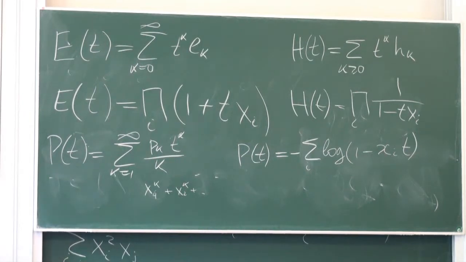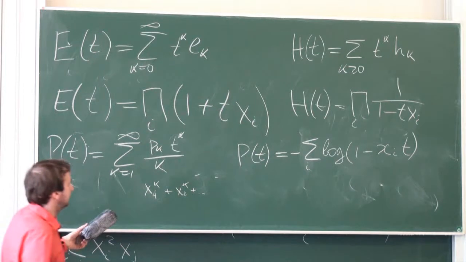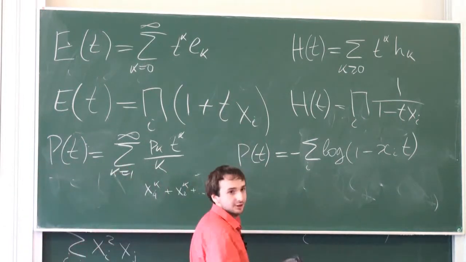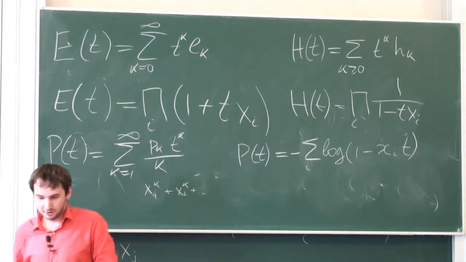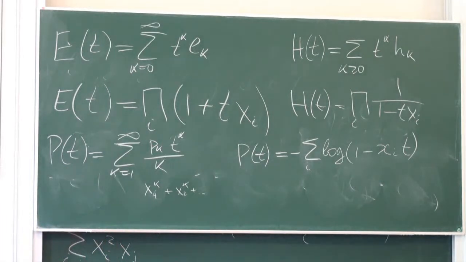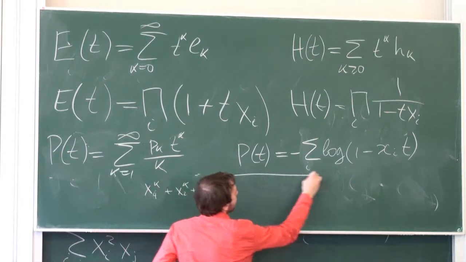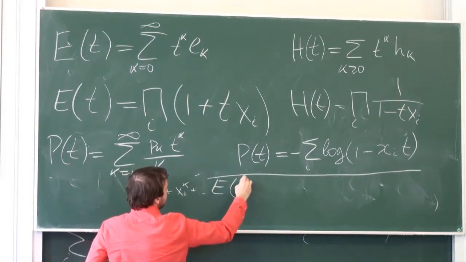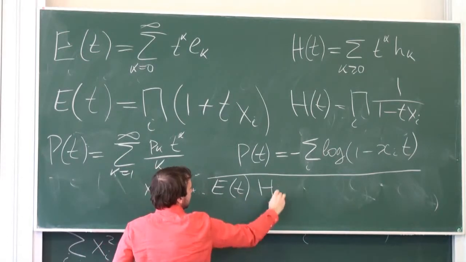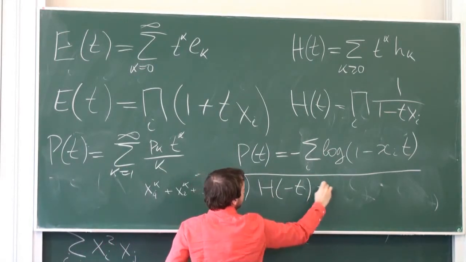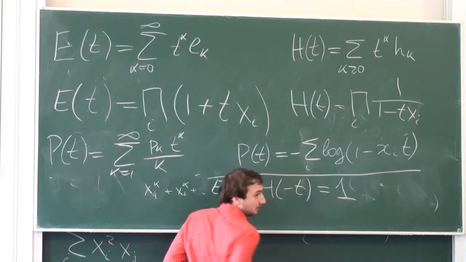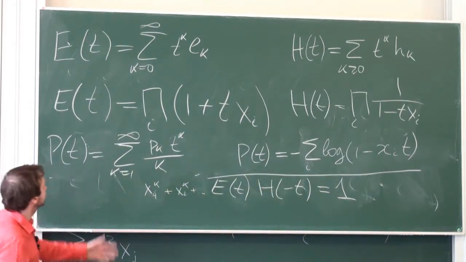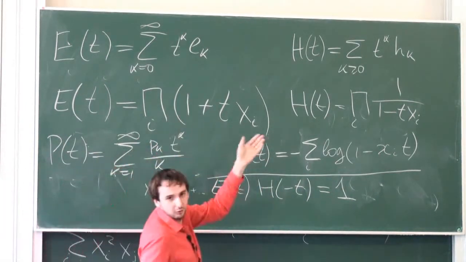Okay, now from these three formulas, you can immediately see that they are very much similar. So we can write down some relations between these formulas. These relations are the following. First, what we see is that E of t times h of minus t is equal to 1, just simply comparing these two formulas.